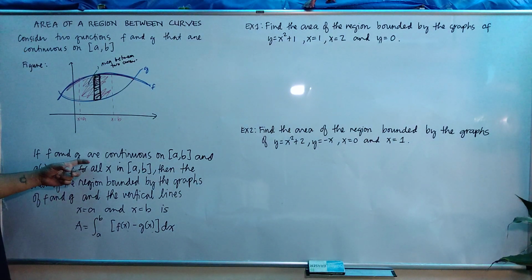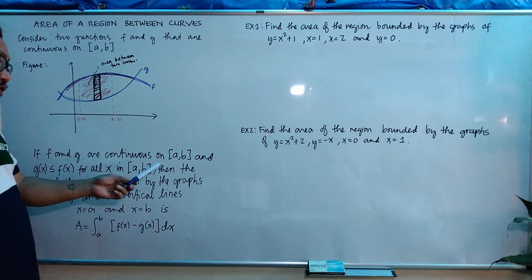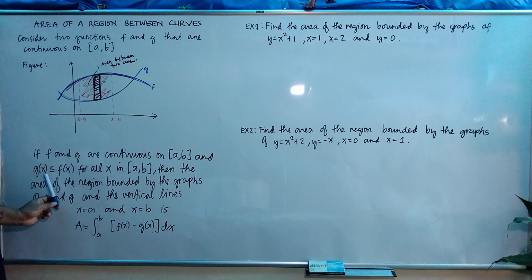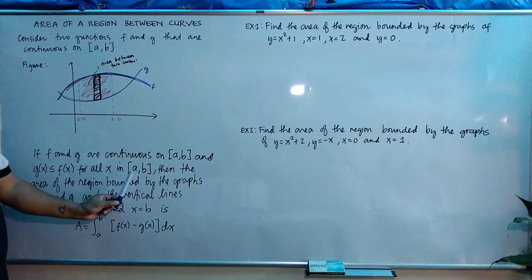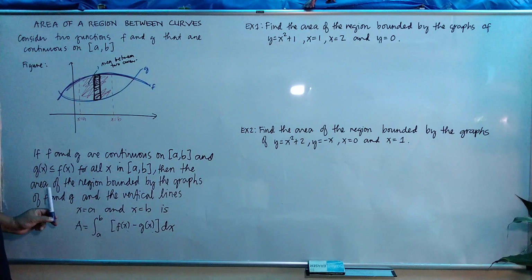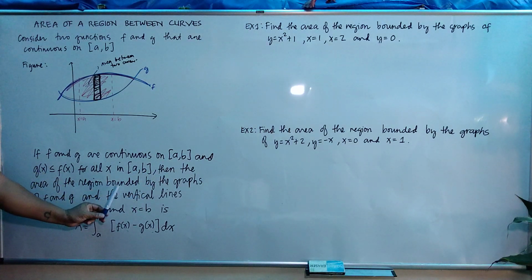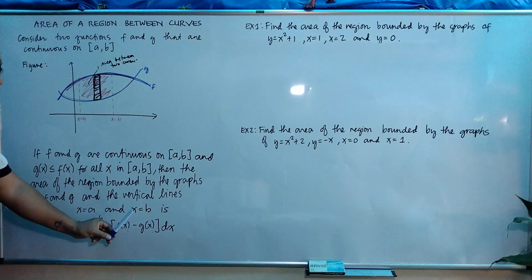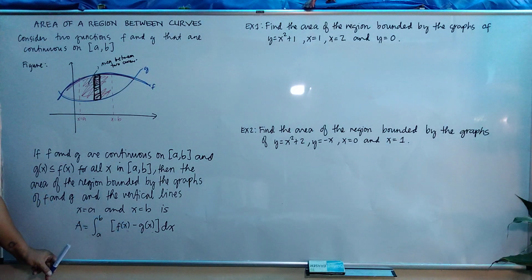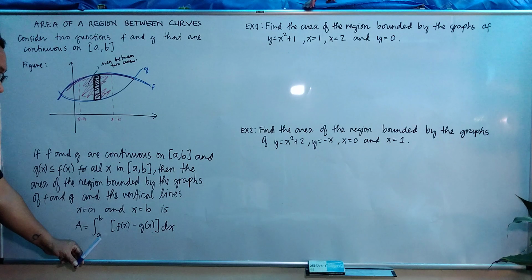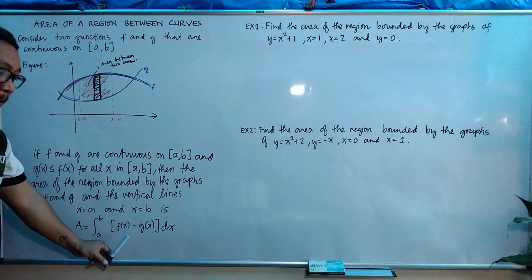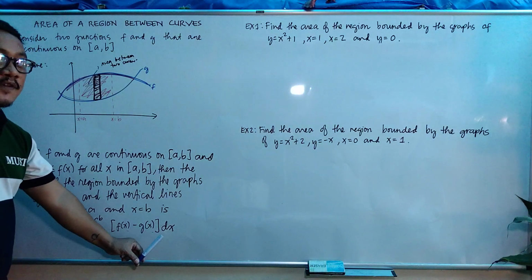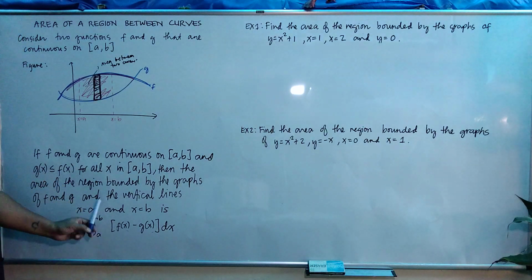If f and g are continuous on the closed interval AB, and g of x is less than or equal to f of x, for all x in the closed interval AB, then the area of the region bounded by the graphs of f and g and the vertical lines x is equal to a and x is equal to b is given by A is equal to the definite integral of f of x minus g of x, dx from a to b.